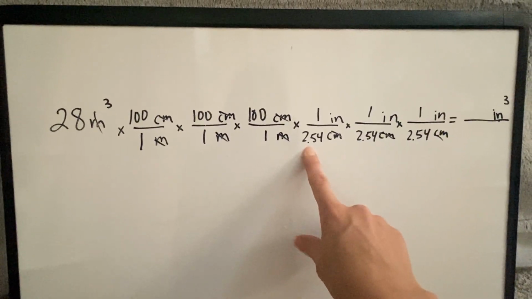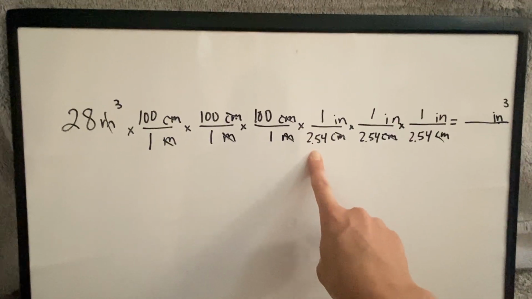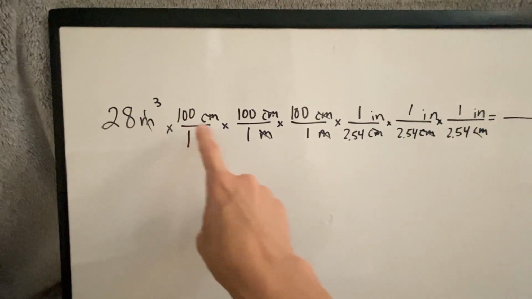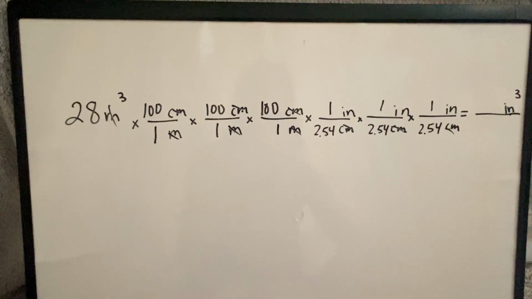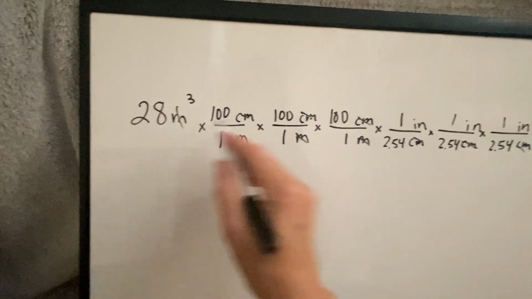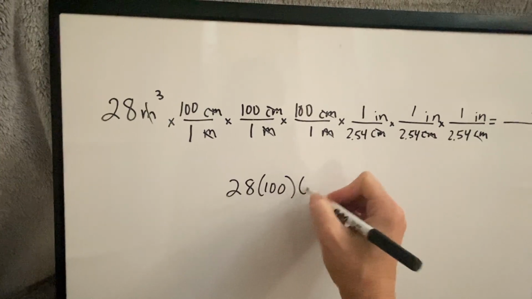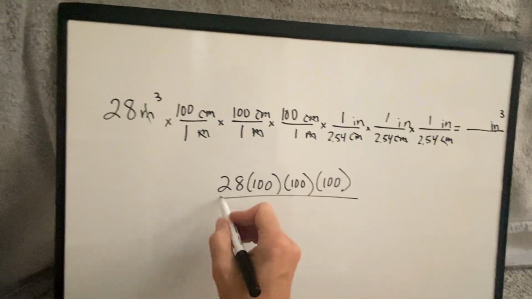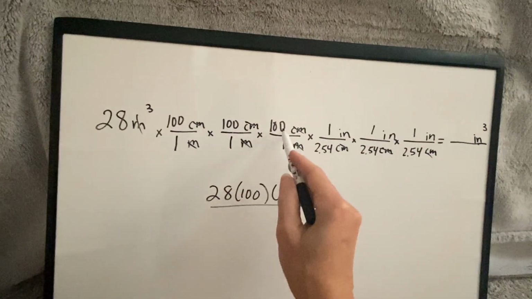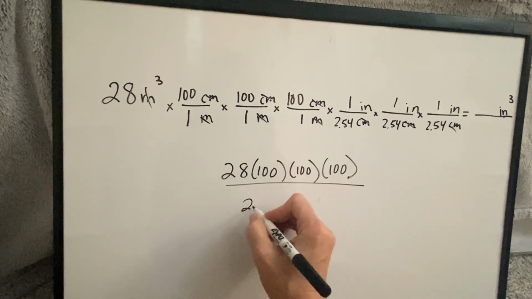Now, because this is on the denominator, that's why you're doing the division part, okay? So don't take 28 times 100 times 100 times 100 times 2.54, okay? That's not how this is going to work. If you're multiplying all of this together, remember, you're multiplying numerators together, 28 times 100 times 100 times 100 times 1 times 1 times 1, and then you're multiplying denominators together.